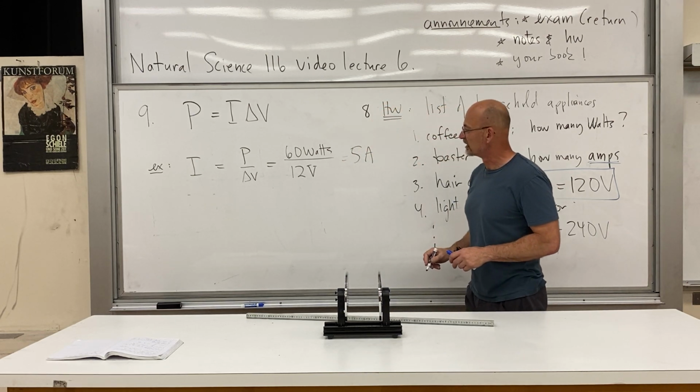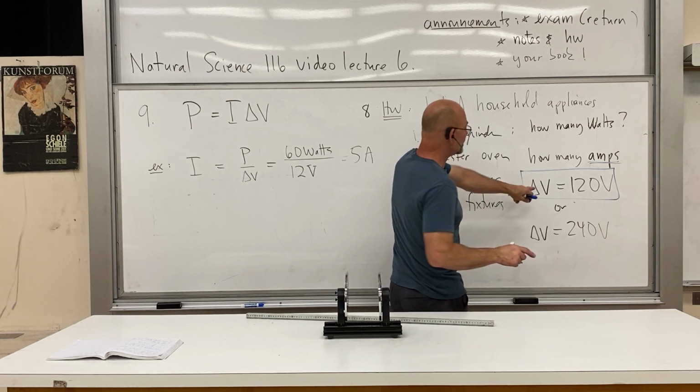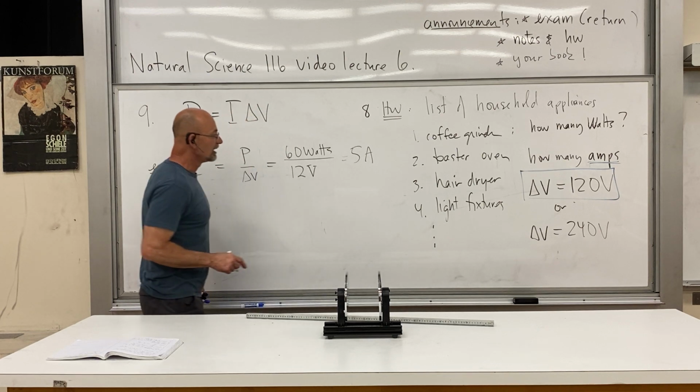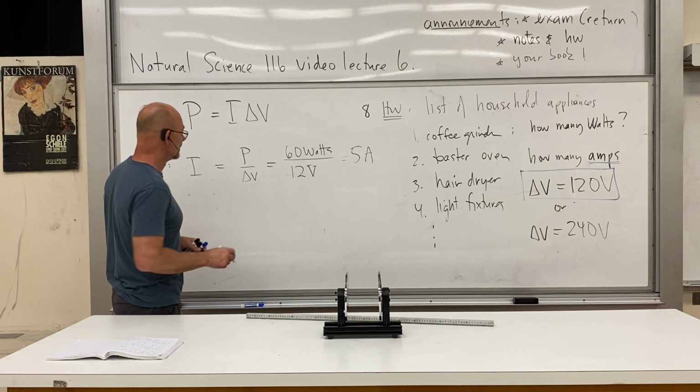That would be the example. So all of your household appliances are going to be divided by the 120 volts. Okay. And you'll get currents for those.